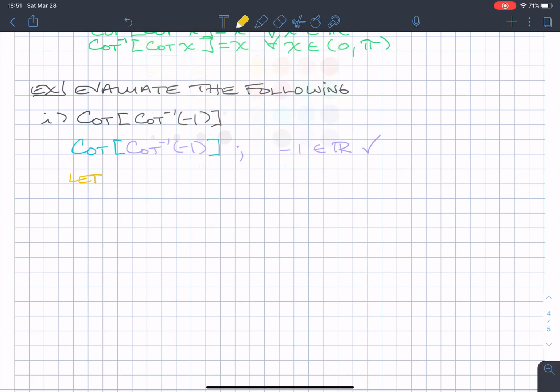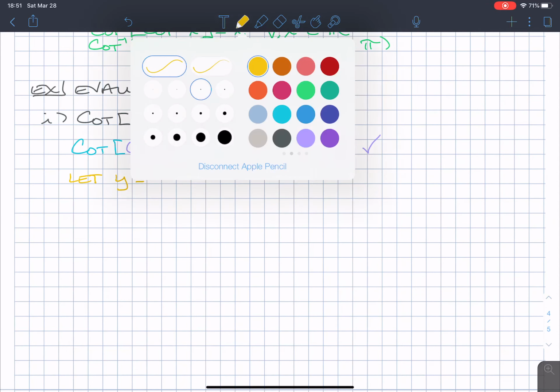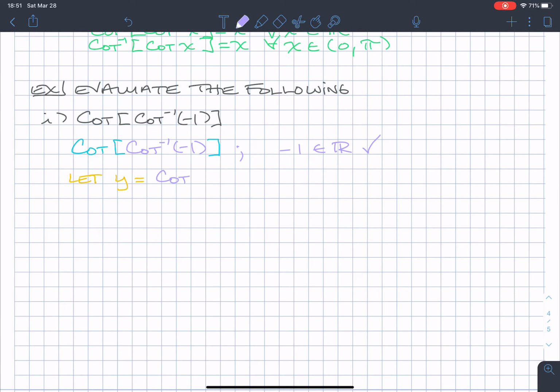So let's let y be cotangent inverse, the inside for a moment, of negative 1. Why? Because I want to rewrite this without the inverse. So I claim this is equivalent to negative 1 is normal cotangent of y.